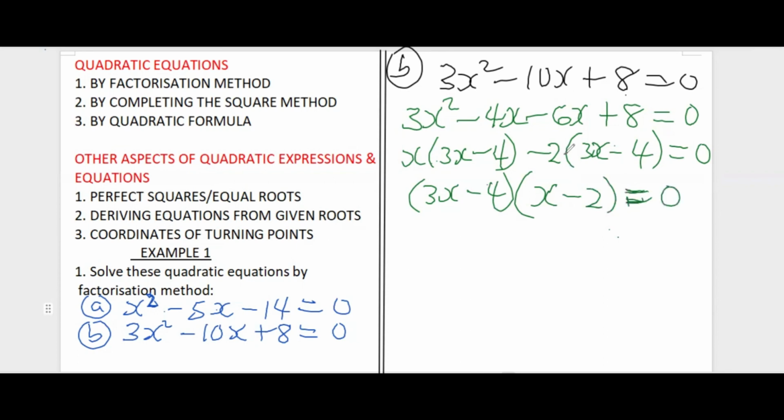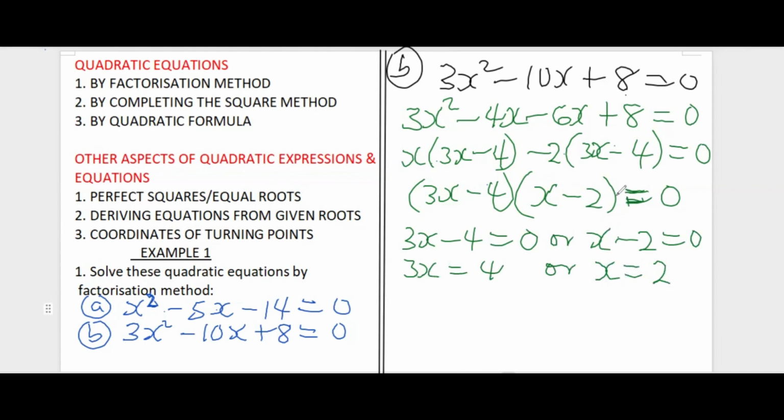So from here, like we said earlier, if two numbers multiply to get 0, that means one of them must be 0. 3x minus 4 may be equal to 0, or x minus 2 may be 0. Then you solve separately: you have 3x equals 4, or x equals 0 plus 2, which is 2. Hence, x equals 4/3, dividing both sides by the coefficient of x, or x equals 2. So these are the two results for our quadratic equation solved by the factorization method.